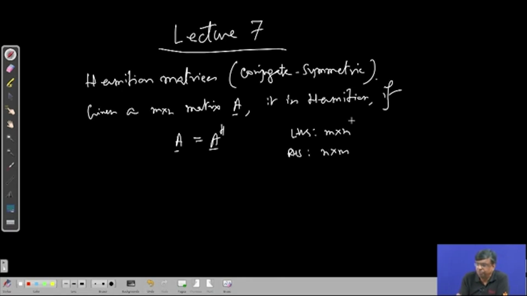They can be equal if N equals M. Here I have M number of rows, and here I have N number of rows, and the two matrices are the same. That means M must be equal to N, which means Hermitian matrices are square matrices.